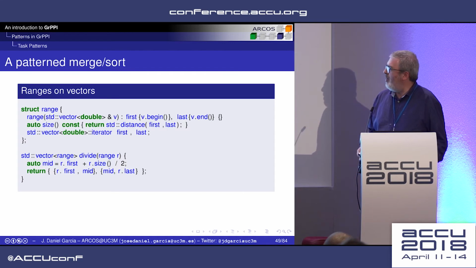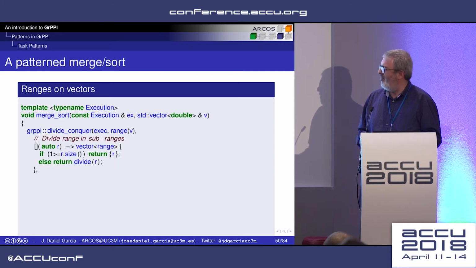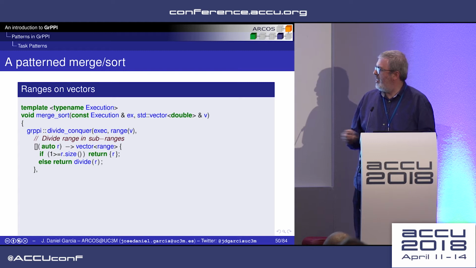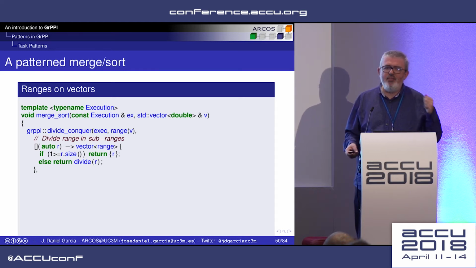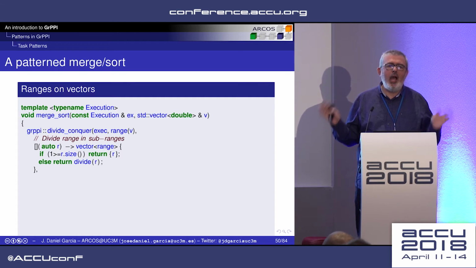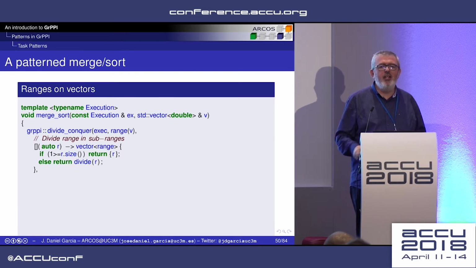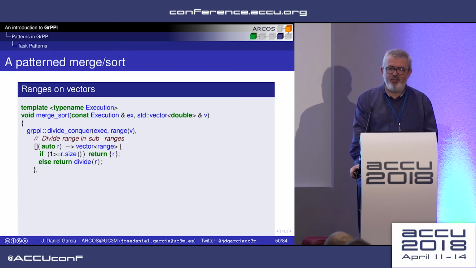And here is my merge sort. The first thing in divide and conquer is that I pass the whole range of the vector, and I have my divide phase, which is I take a range, and if the range is of size 1, then I'm done. I return that range. Otherwise, I divide the range and I return the list of ranges.